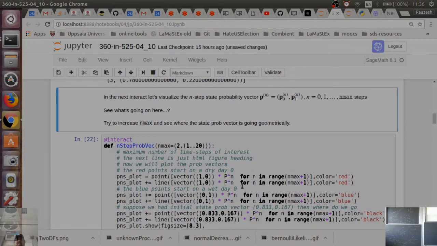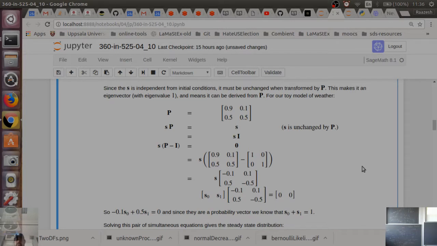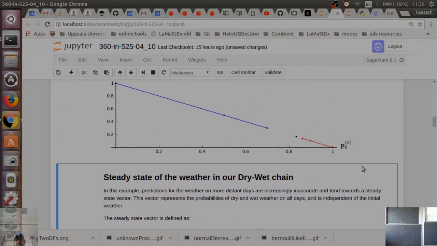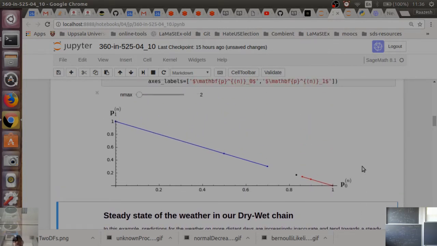Okay, so now let's do an interact. I don't know if this is going to work. Oh yeah. So what I'm showing you is if I started from here, I'm going to go here, right? If I started with (1, 0), so a dry day. If I started with a wet day, I'll start here. And then at one time step, my state probability vector moves here because this is a 2D thing.